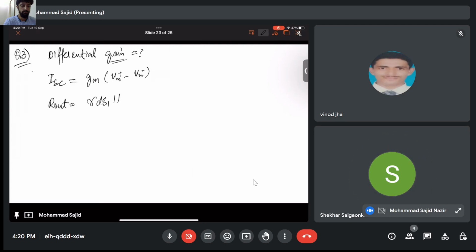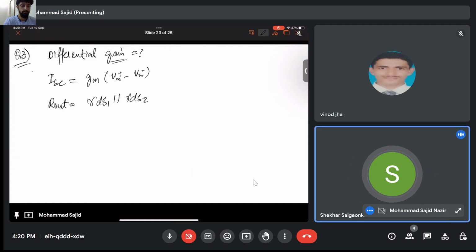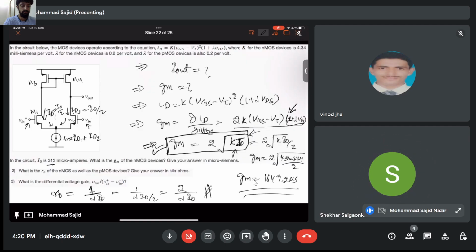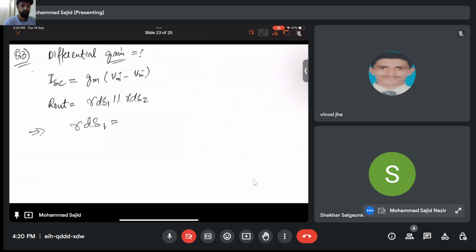R out is RDS1 parallel RDS2. Here it is assumed that lambda for PMOS is also 0.2 and lambda for NMOS is also 0.2. That means their RDS is equal, right? So RDS1 is equivalent to RDS2, which is equivalent to R naught, that is 2 by lambda I naught.